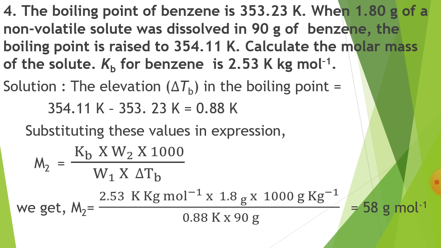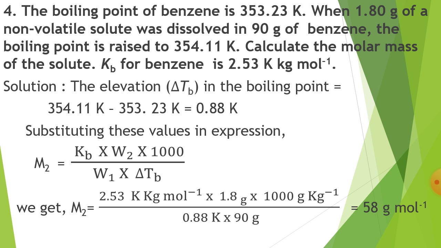Now look at the conditions. You have to find the molar mass of solute. So we know one formula, delta Tb equal to Kb multiplied by W2 multiplied by 1000 divided by M2 multiplied by W1. First of all we have to find the delta Tb.